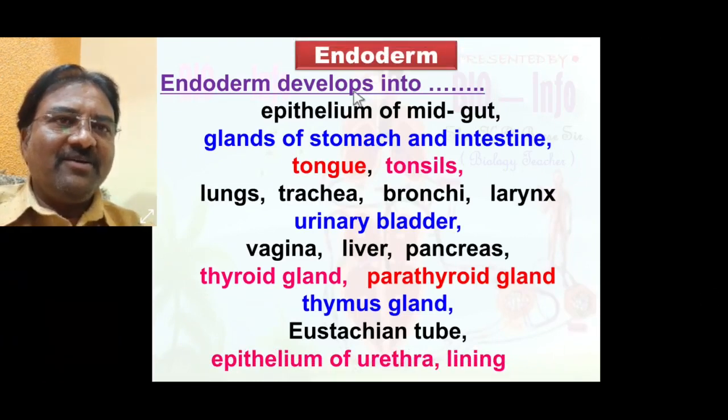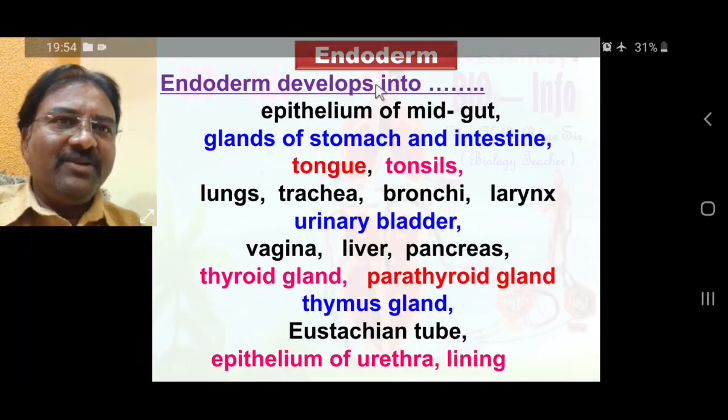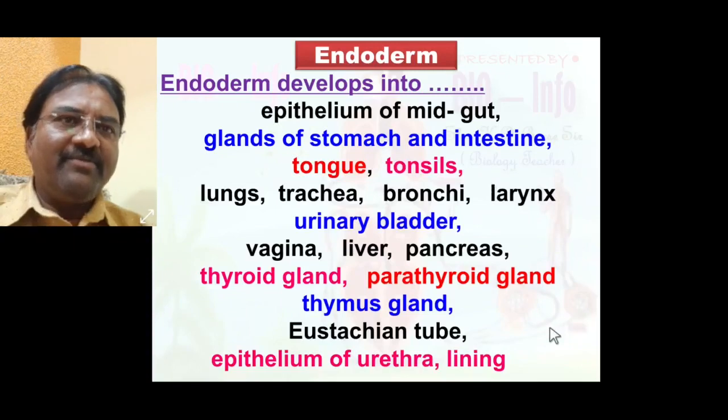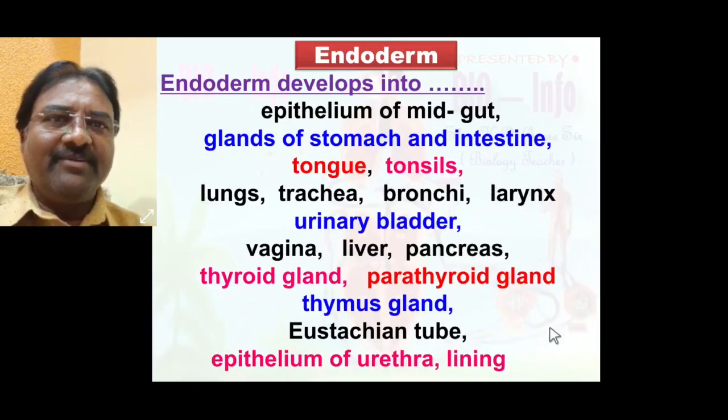Remember, all these parts of the body originate from endoderm. Here we discussed in detail which parts develop from which germ layers. Some parts develop from ectoderm, some from mesoderm, and some from endoderm.